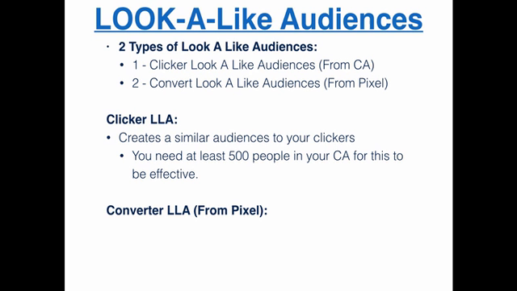Now, this is created not from clickers, but from your Facebook pixel. So you have to be using Facebook's conversion pixel in order for this to work. All of the t-shirt platforms allow you to place your Facebook pixel. There is a video in this series that shows you exactly how to create a conversion pixel if you don't already know how to do that.